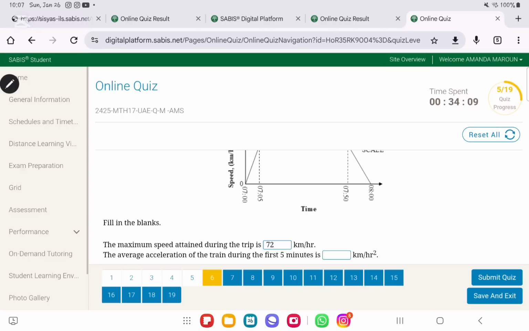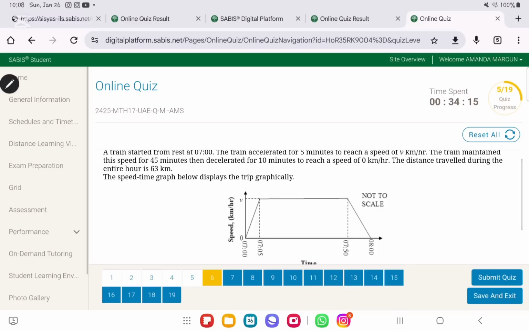Now they need the average acceleration of the train during the first 5 minutes, but they need it in kilometer per hour squared. So we are dealing with a velocity time graph. Velocity time graph, its slope or its gradient is what? It is the acceleration. So if you find the slope, you would have found the acceleration. We found the velocity to be 72, and we know that the time is how much?